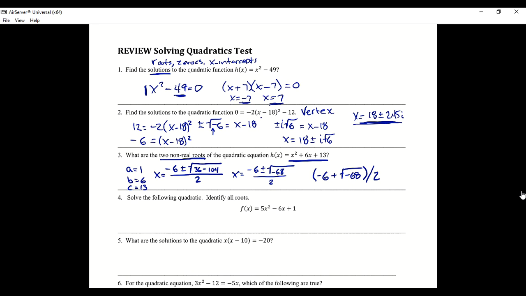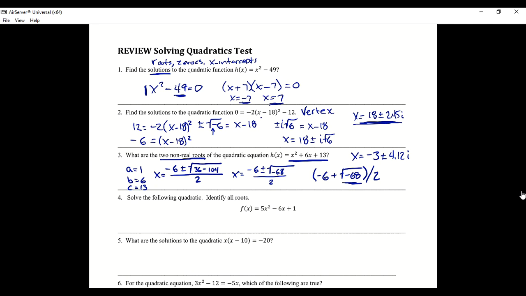And so we get x equals -3 plus or minus 2i. Now, if your answer is in fraction form, where just the radical has been simplified, you can just put the answers in the calculator and see which one gives you the decimal result that you need. All right.